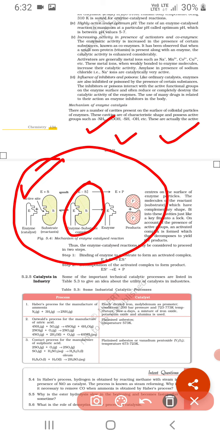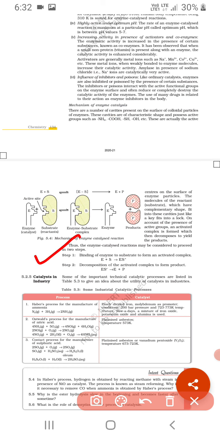So in the first step, binding of enzyme to the substrate to form an activated complex. In this activated complex, a chemical bond is formed between enzyme and substrate. In the second step, there is a decomposition of the activated complex into product, giving enzyme plus product.